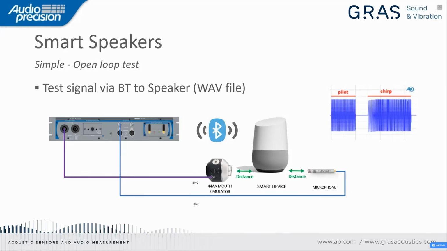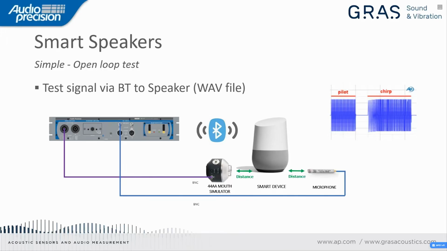So we load the smart speaker with a WAV file, and then the smart speaker will start playing this WAV file, and we will do our measurements on this test signal in the WAV file. This WAV file will be loaded into the smart speaker via Bluetooth in this case, where we call it a simple open loop test.